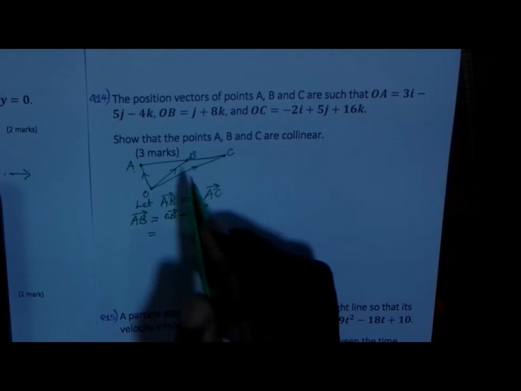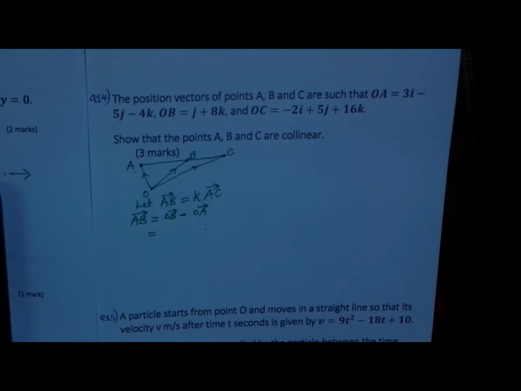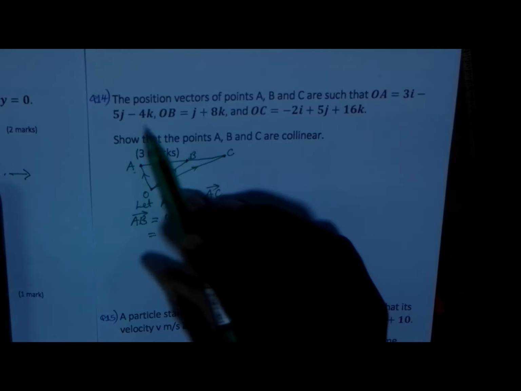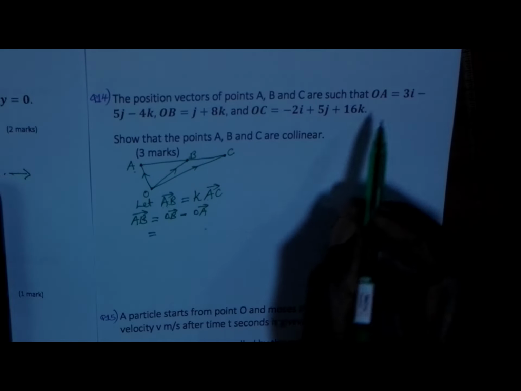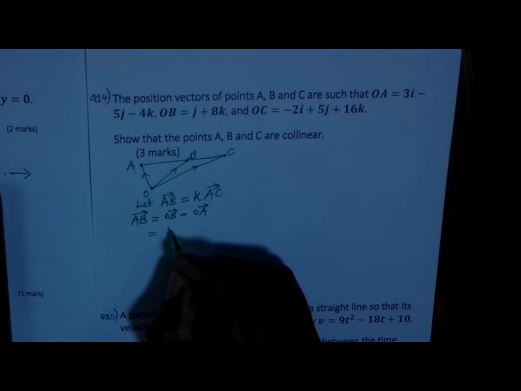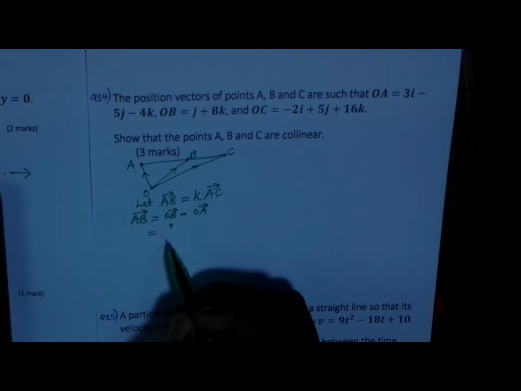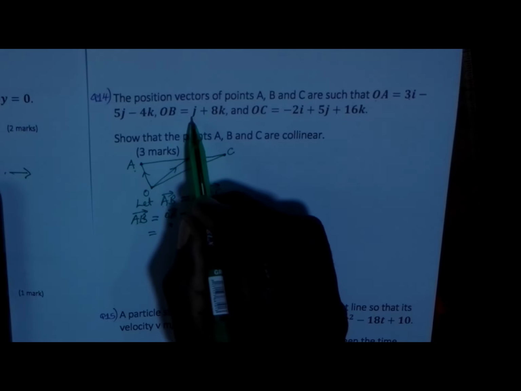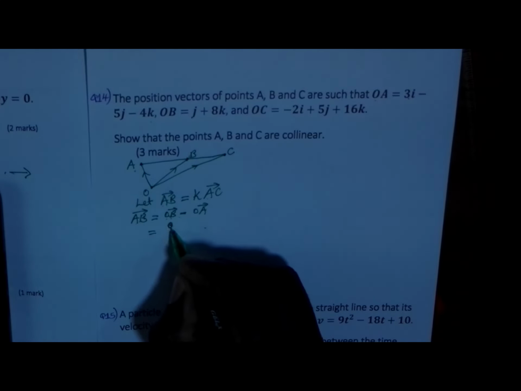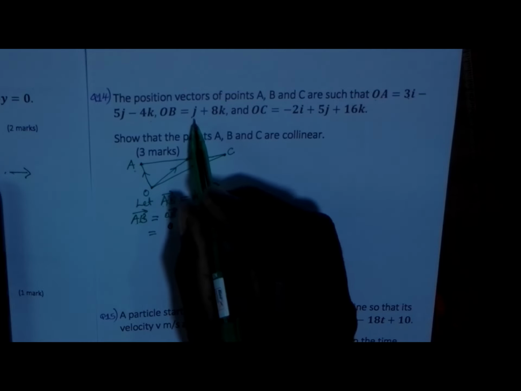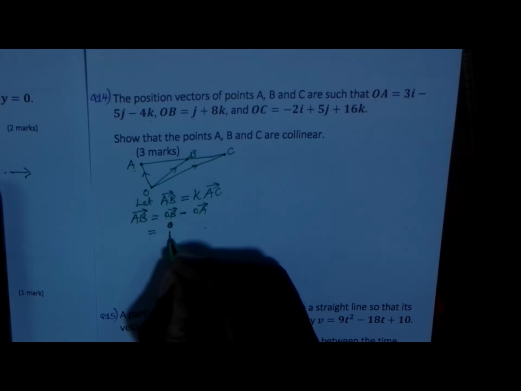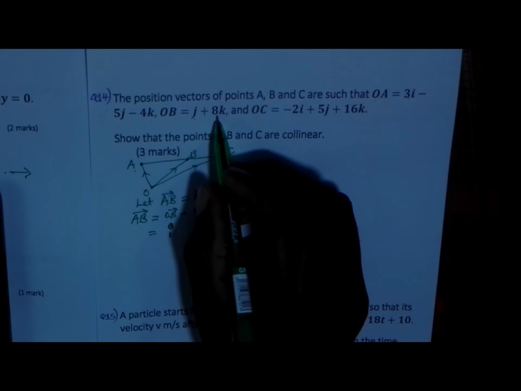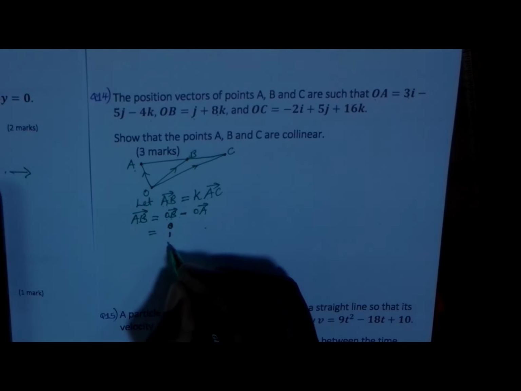Since these are three-dimensional vectors, there is i, j, and k. For OB, i is 0, j is 1, k is 8.